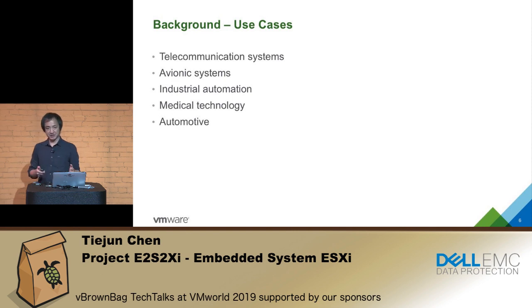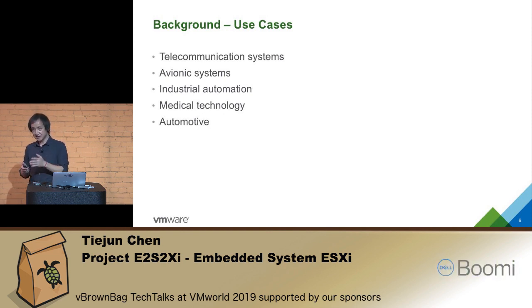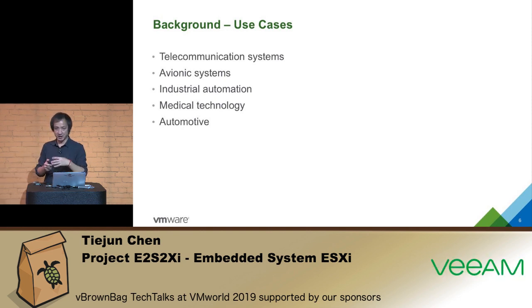Each time a function is added, that means additional sensors and ECUs, electronic control units, are added to the vehicle. That increases the space, weight, and power consumption. This has a big impact on cost, and it also brings security, safety, and connectivity issues.